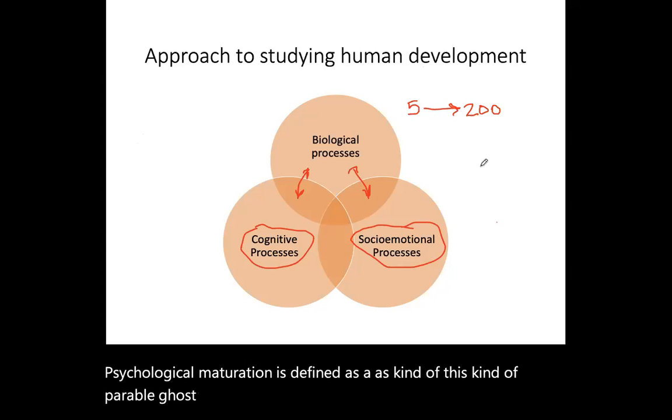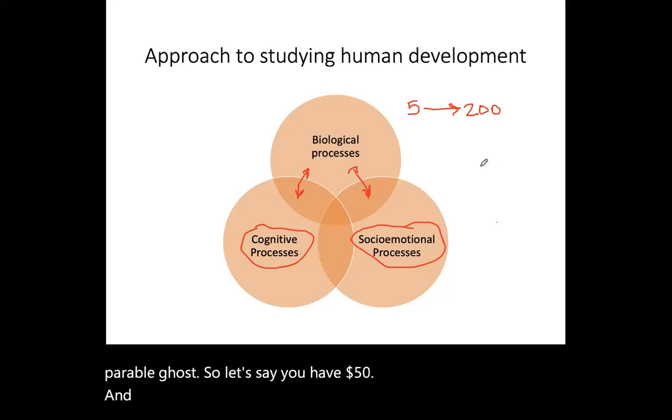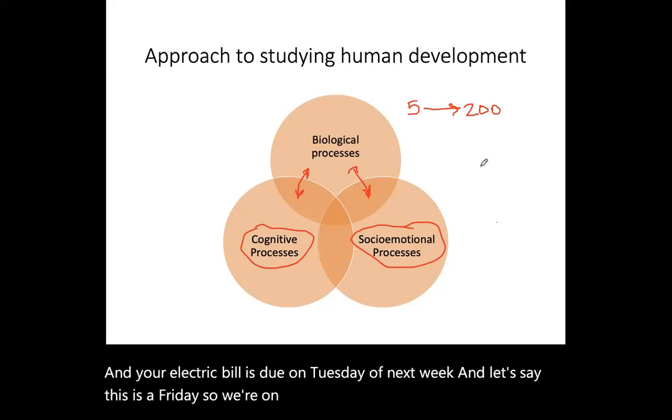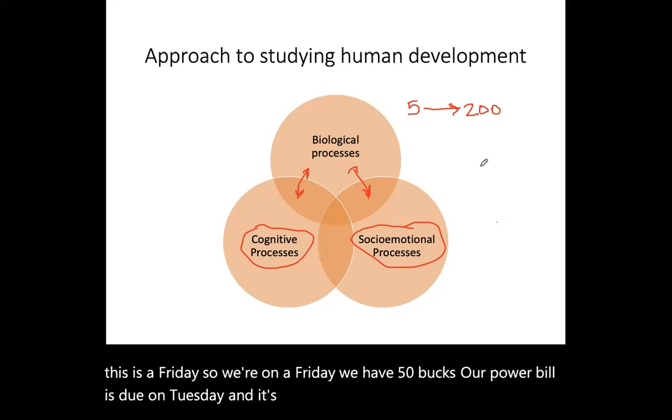So let's say you have $50 and your electric bill is due on Tuesday of next week. And let's say this is a Friday. So we're on a Friday, we have $50. Our power bill is due on Tuesday and it's $50. Okay.